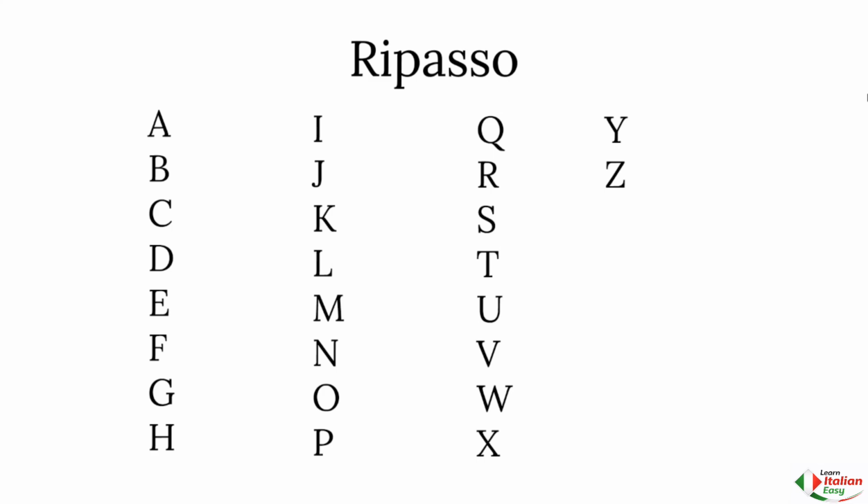A, B, C, D, E, F, G, H, I, J, K, L, M, N, O, P, Q, R, S, T, U, V, W, X, Y, Z. So for example, if I have to spell my name, I would say C, L, A, U, D, I, A.